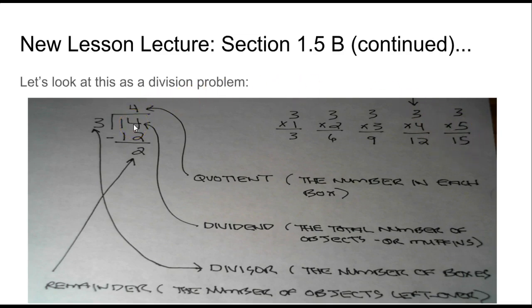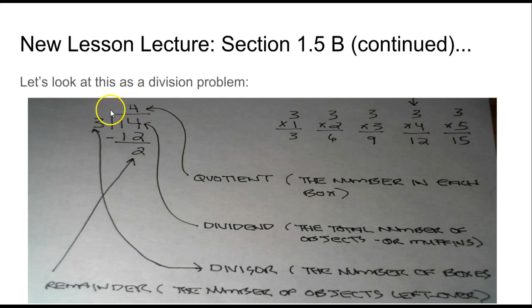So we've got to get the highest number closest to the dividend without going over. And the highest number that's closest without going over is 12. So 14 divided by 3 is 4, because 3 times 4 is 12, so we're going to put the 4 here.